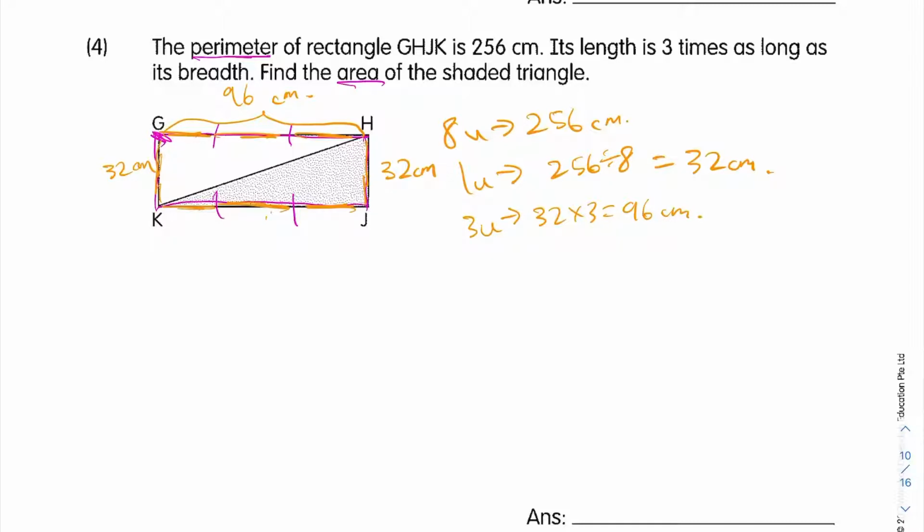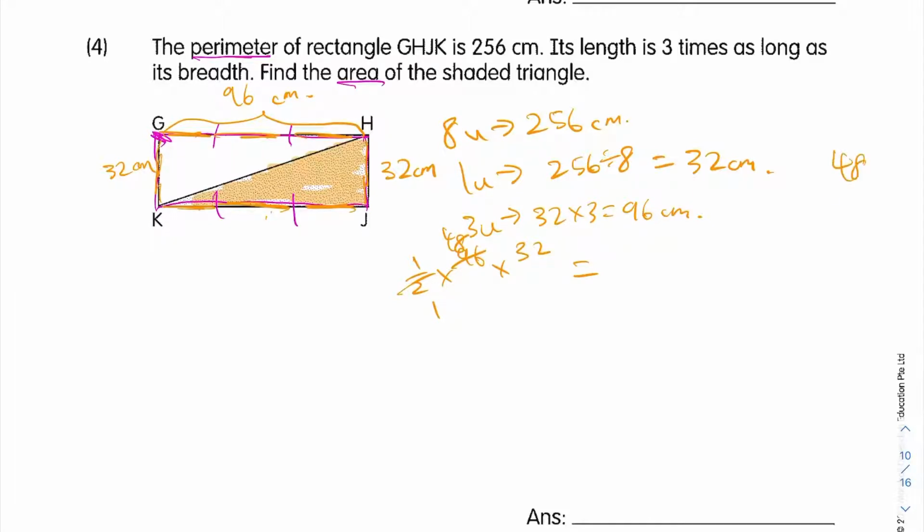So to find the area of this shaded triangle here, we would use the tried and proven formula. Half times base, which is 96, times height would give you, this is 1, this is 48.